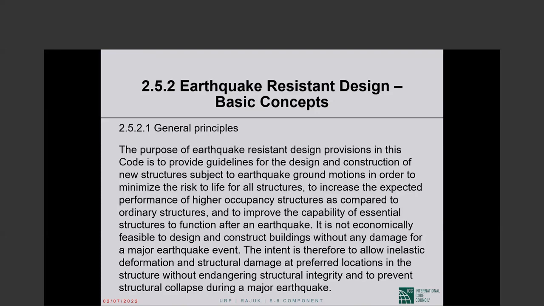Anything that is not enforceable does not belong in the code. You can put it in the commentary or support literature, whatever, but it doesn't belong in the code. BNBC is not in that camp. It has quite a bit of stuff that is not enforceable. Well, BNBC doesn't have a commentary. That may be one reason why you find this material in the code itself.